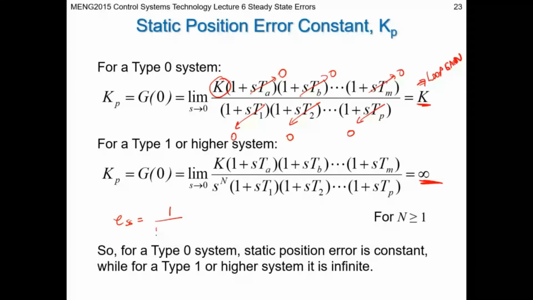Right, 1 over 1 plus infinity equals, well, 0. So you have no steady state error if you have a type 1 system or higher, if you have a step input. So for a type 0 system, the static position error constant is finite, while for a type 1 or higher system, it's infinite.